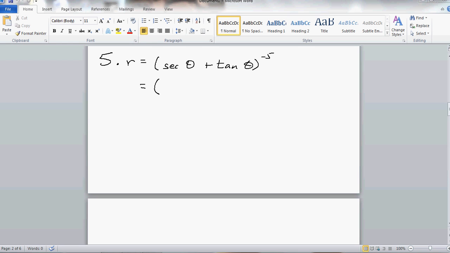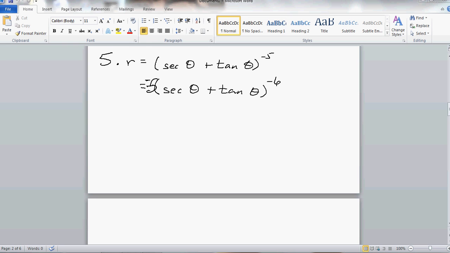Leave the inside exactly alone, but take the derivative of the outside. So that would mean take this negative 5, bring it out front, this would be negative 5, and then subtract 1 from the exponent, we get negative 6.